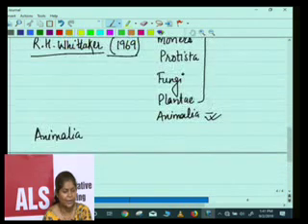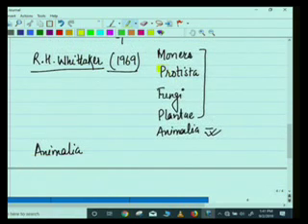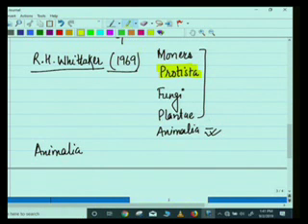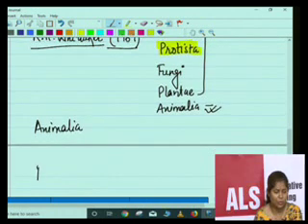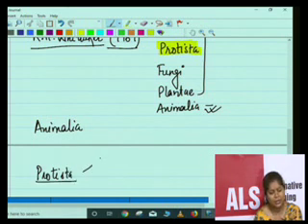And how do you categorize animals? Because when you talk about Protista, you will find in Protista a variety of organisms. Like if you talk about Protista, the first 2 classes of the Protista, they are actually photosynthetic.